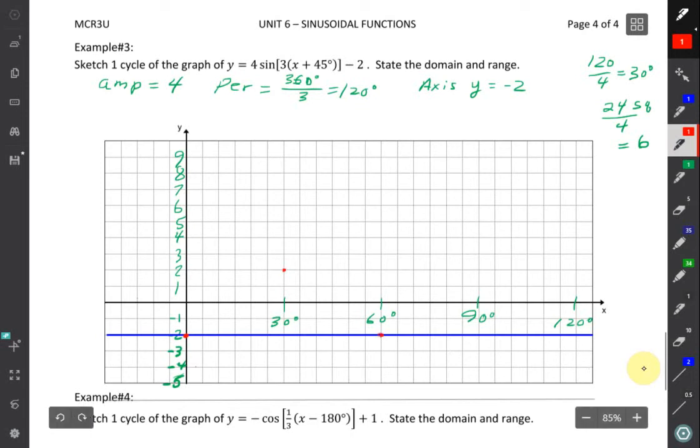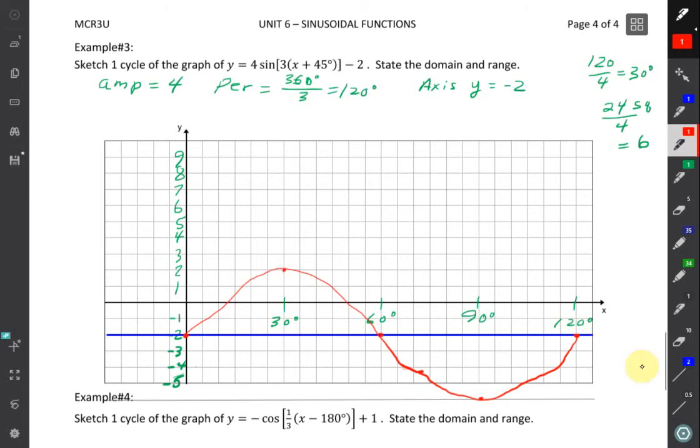Next quarter, we're going 4 below the axis. And next quarter, we're back to the axis. Now we can sketch this in. And that's 1 cycle graphed without a phase shift.